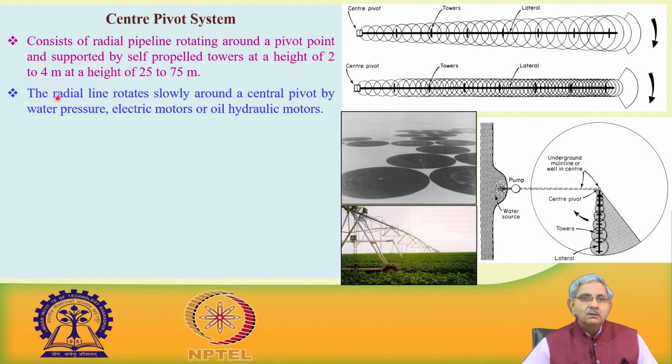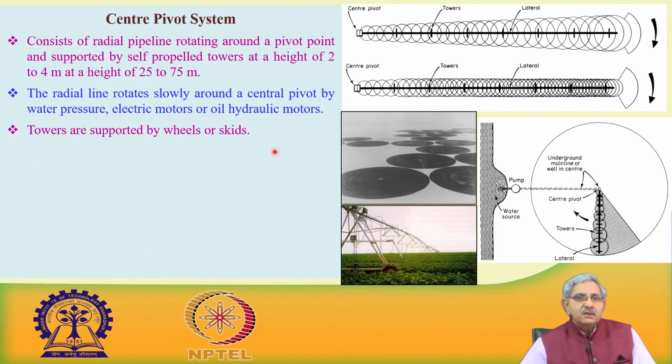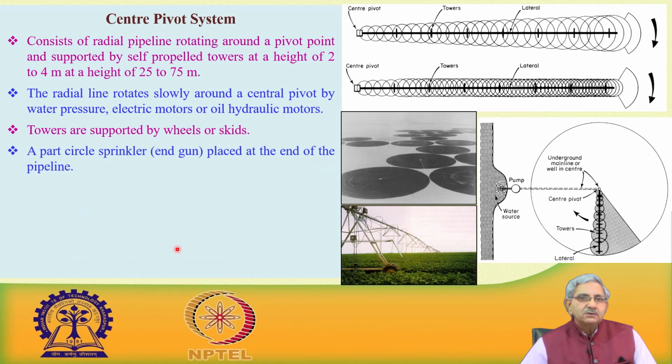The radial lines rotate slowly around the central pivot by water pressure, electric motor or oil hydraulic motors. These could be the different ways of movement. The towers are supported by wheels or skids.